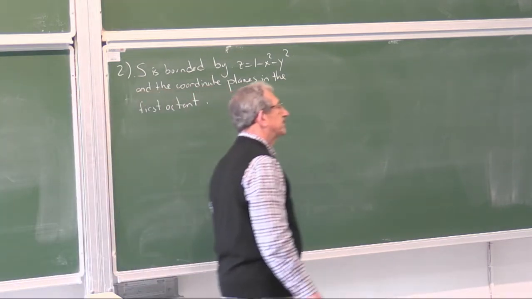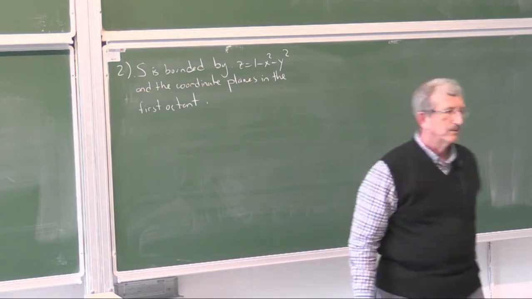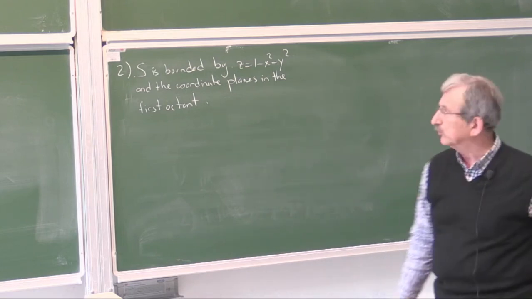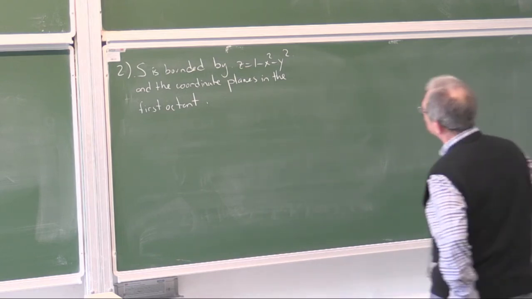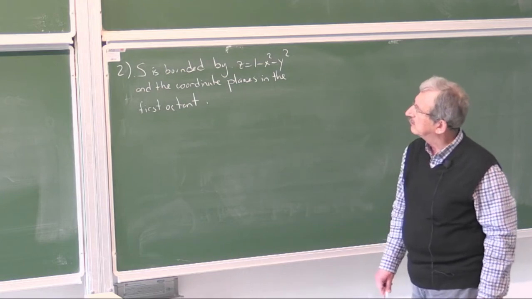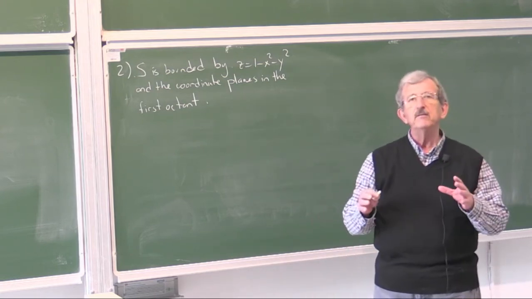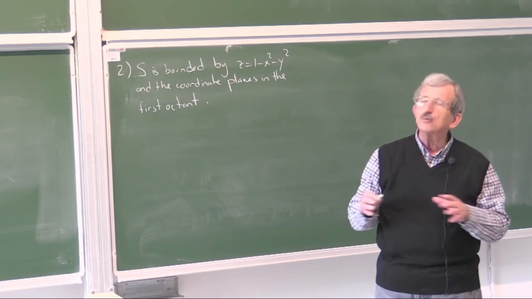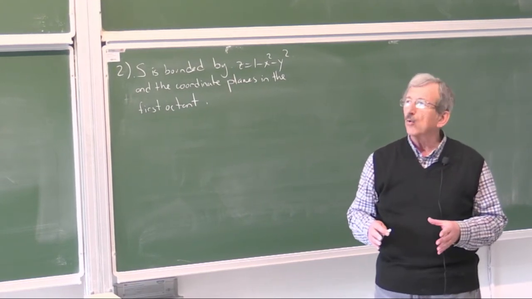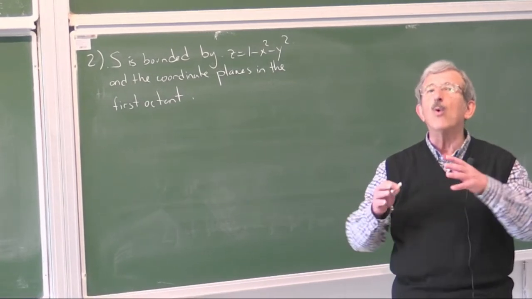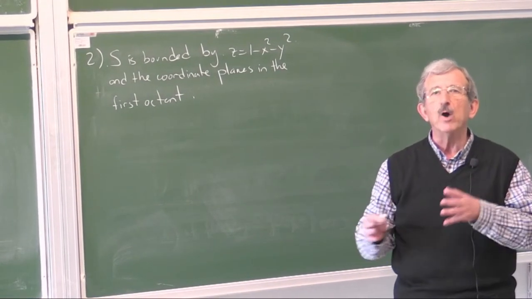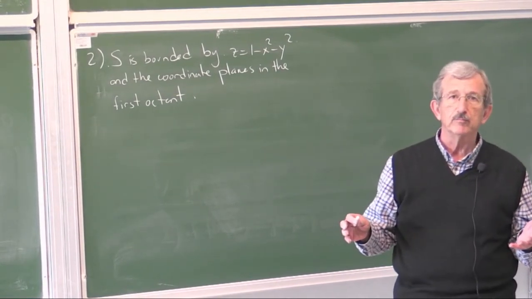Well, this is actually probably the first time we are using the word octant, first octant. It signifies the following. In the plane, we divide the plane into 4 pieces, into 4 quadrants. In the first quadrant, we have x and y positive or 0.